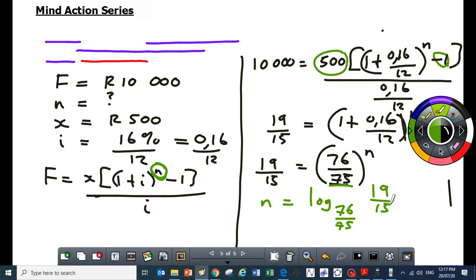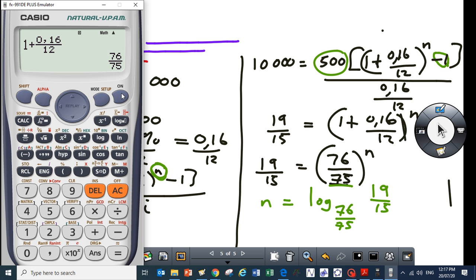Right? If you simplify that, let me bring in my calculator. So that will be shift, okay, where is my logarithm? It's there.